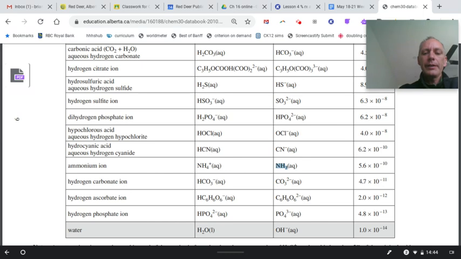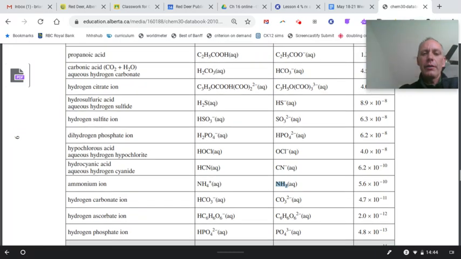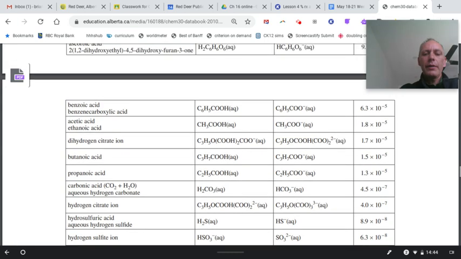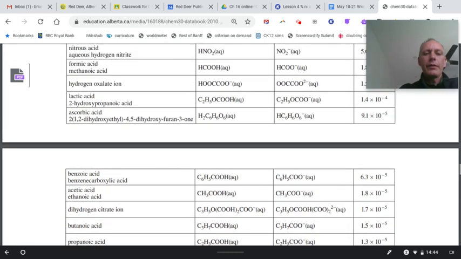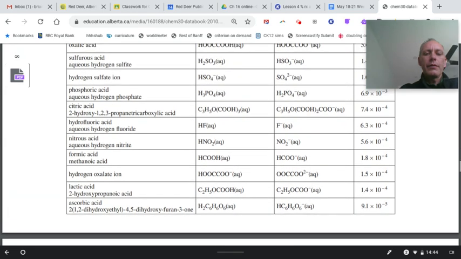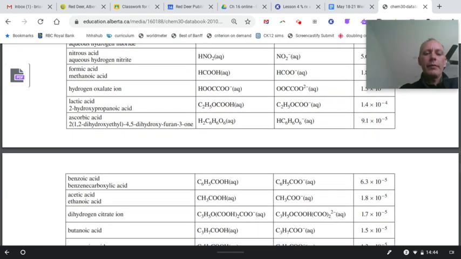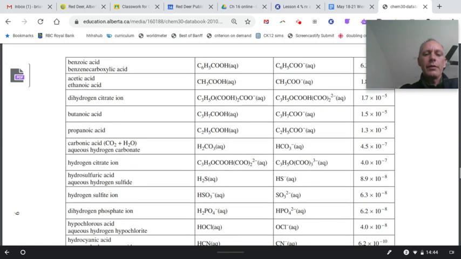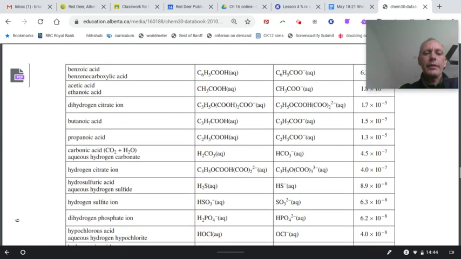CH3COOH, which is right here. Right there.